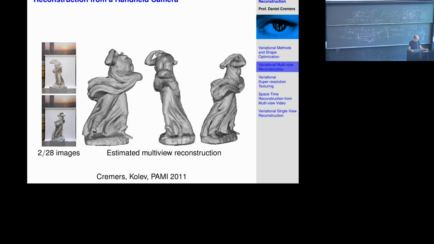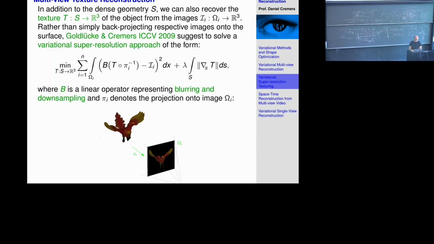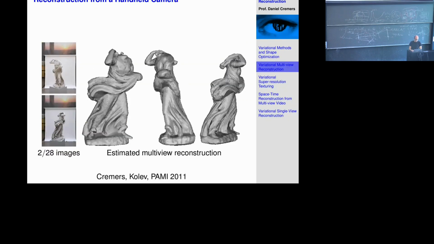And if there's one thing that I find a little bit puzzling, it's actually that now, almost 15 years later, the reconstruction quality of algorithms has not really improved massively. And if you take a set of images and want an accurate surface reconstruction, I think these methods are still to date some of the most accurate ones.